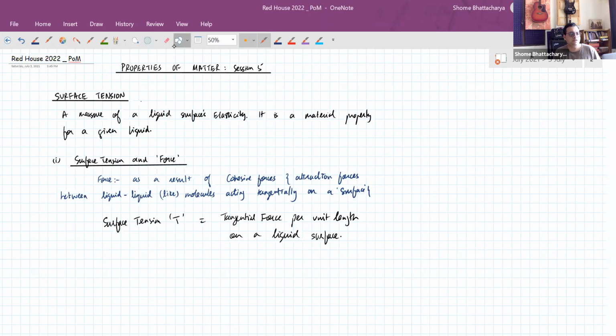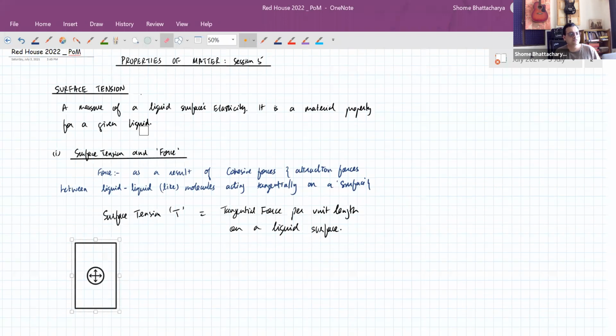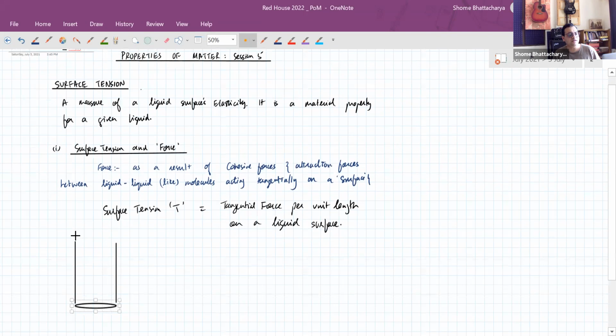So imagine we have a laminar flat surface, like the surface of liquid in a cylindrical container. Now, if you visualize, in that surface, there will be intermolecular attraction forces, which are called the cohesive forces, acting between the liquid molecules on the surface, tangential to the surface.